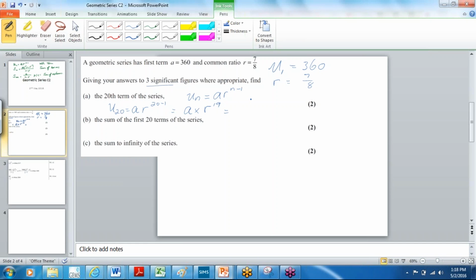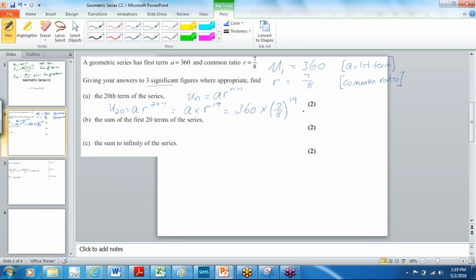Replace a with the first term, which is 360, since a is the first term, and r is the common ratio between terms, what each term is consecutively multiplied by. r is 7/8 to the power of 19. Wow.